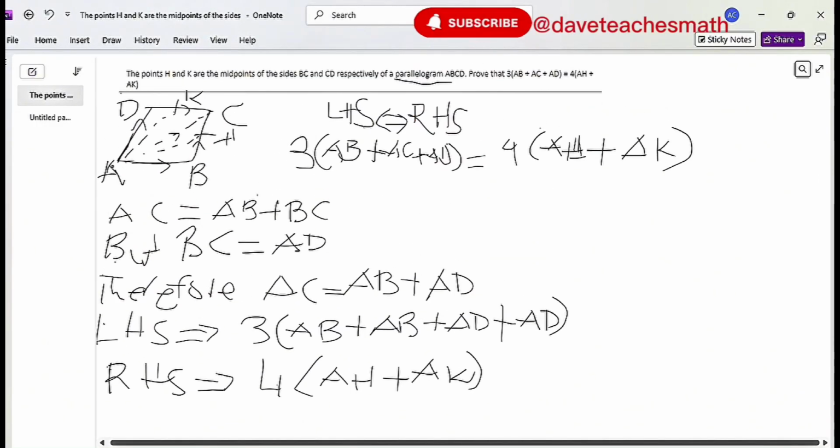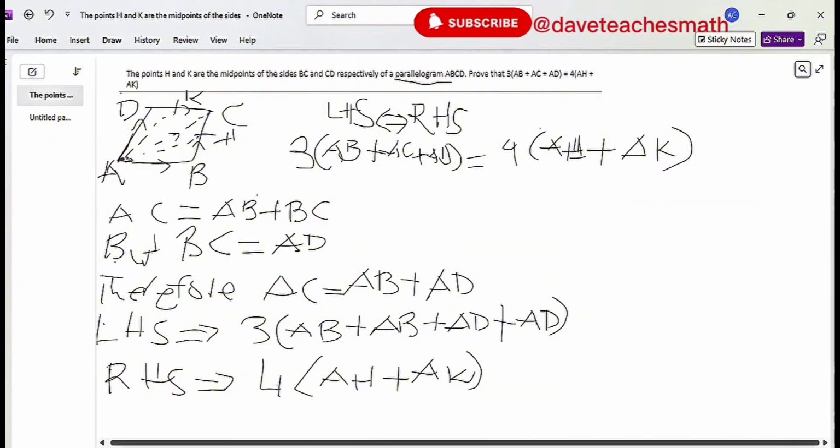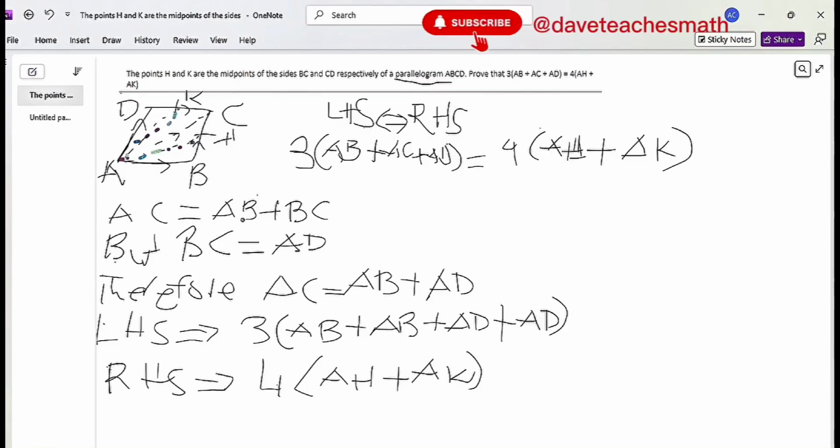So we have AH here, moving from here to here, and then AK moving from here to there.